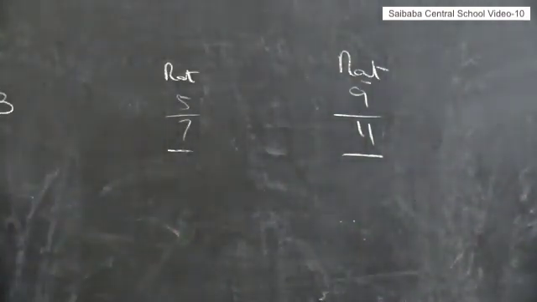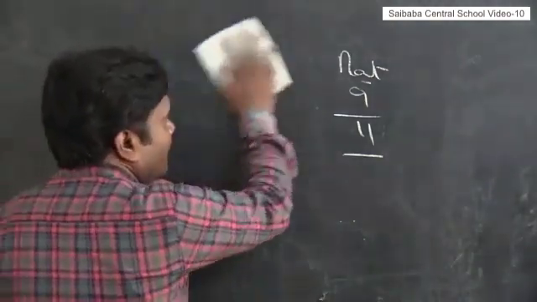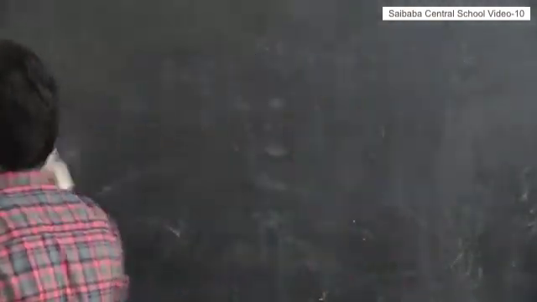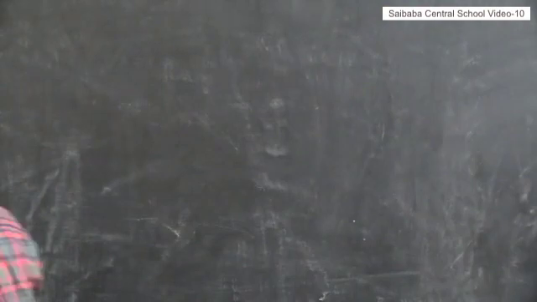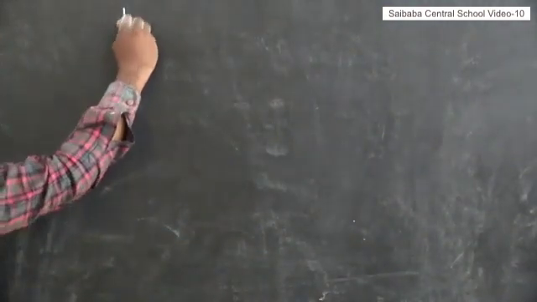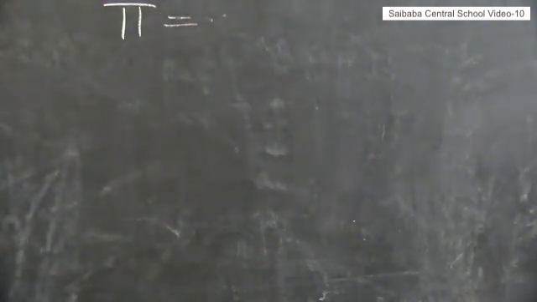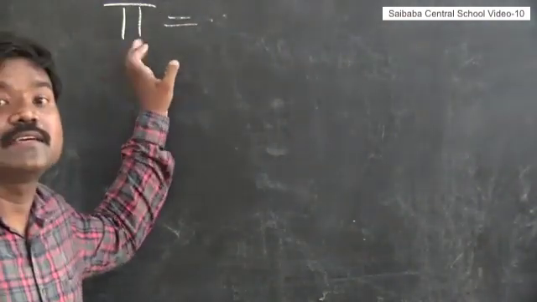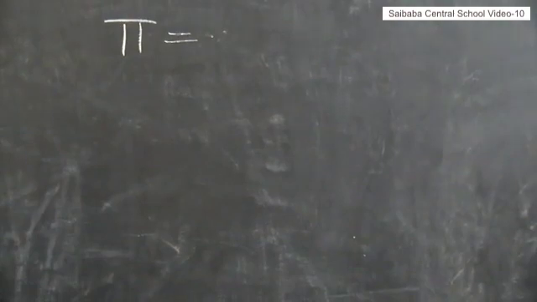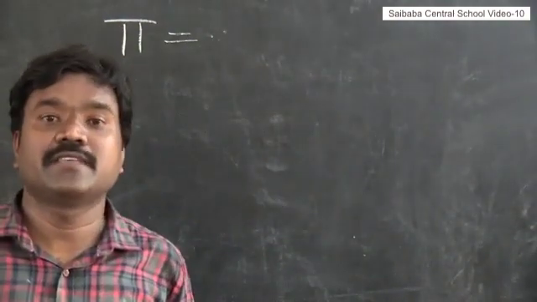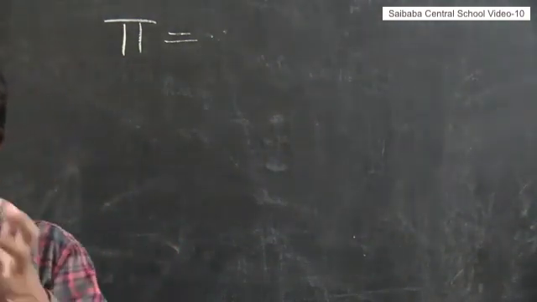Now, one more point I need to explain, that is about pi. You know pi. What is pi? Already we are using pi in the circles chapter: area of circle is pi r square, circumference of circle C is equal to 2 pi r.